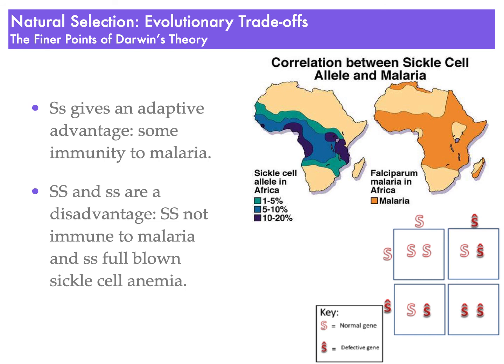But if you happen to be a heterozygote, you've got the advantage of one gene that protects you from malaria, but the disadvantage of that same gene that hurts you with sickle cell. But you've still got one good copy, one big S, that's capable of keeping you from having full-blown sickle cell anemia.